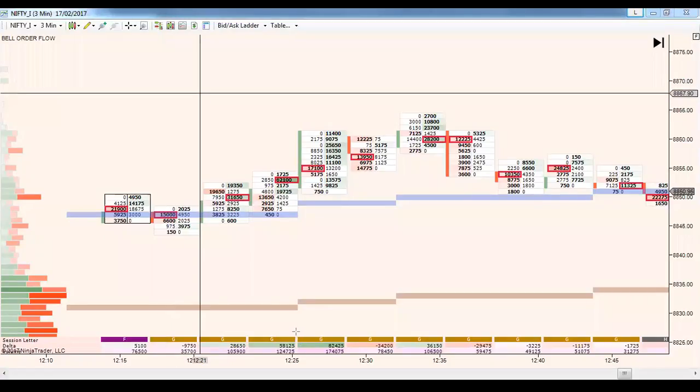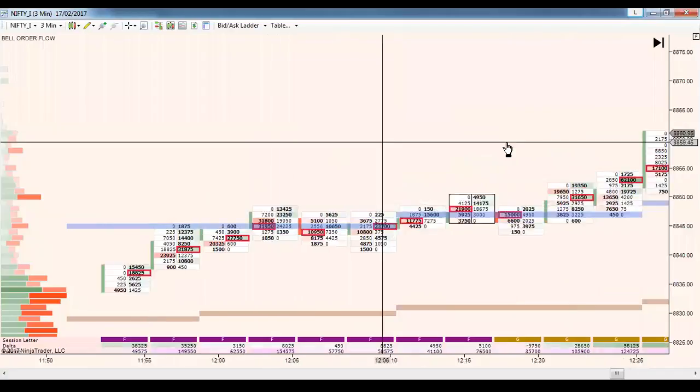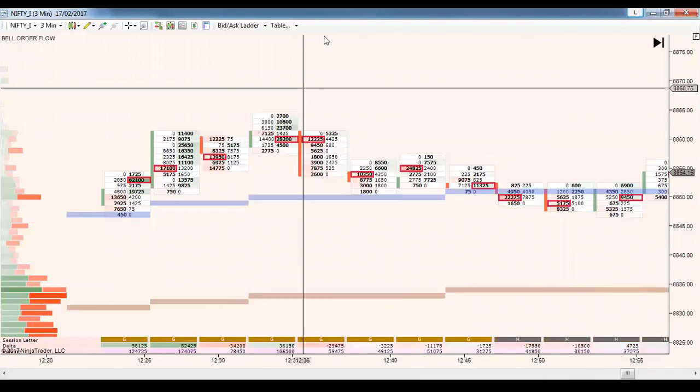You can see on this and this bar, both were up bars, and you had delta falling. Then this was kind of a test, no demand kind of a bar, and this is what prompted me to take a short trade. So that is my analysis for Nifty, the order flow aspect of it.